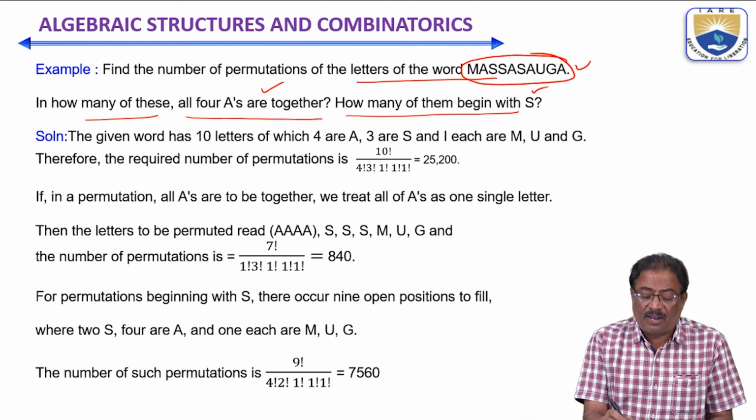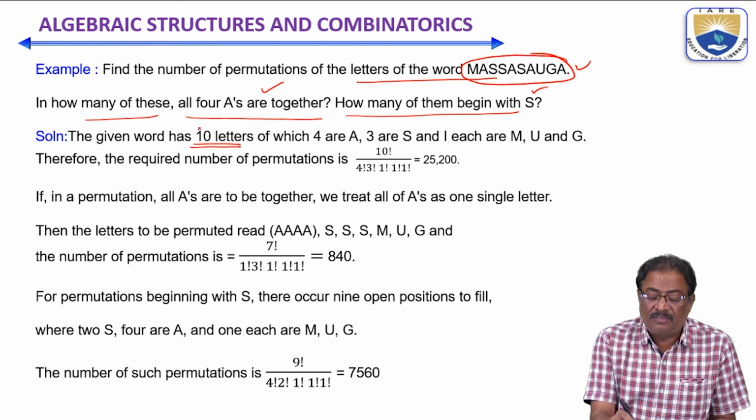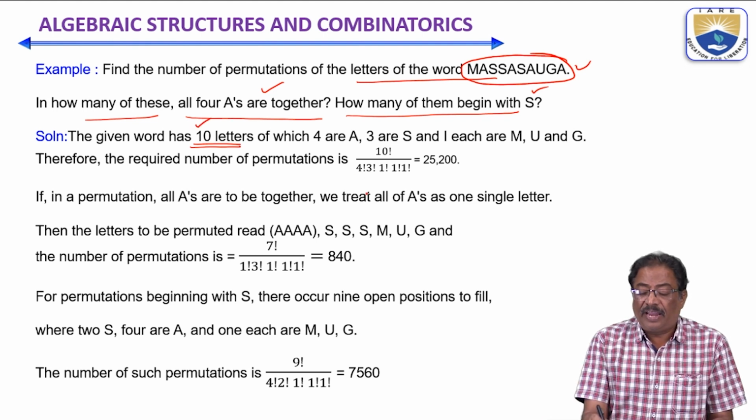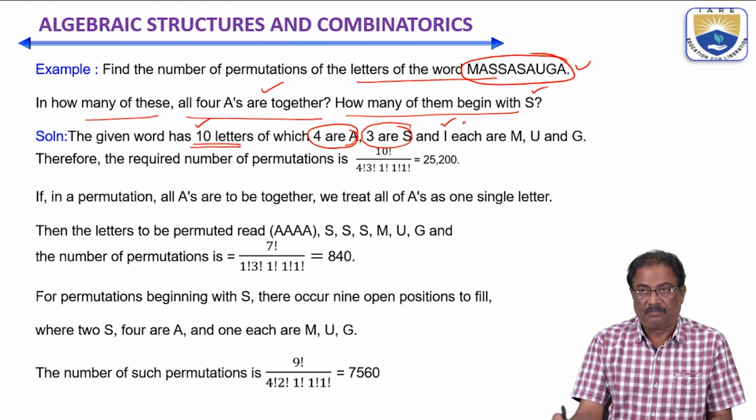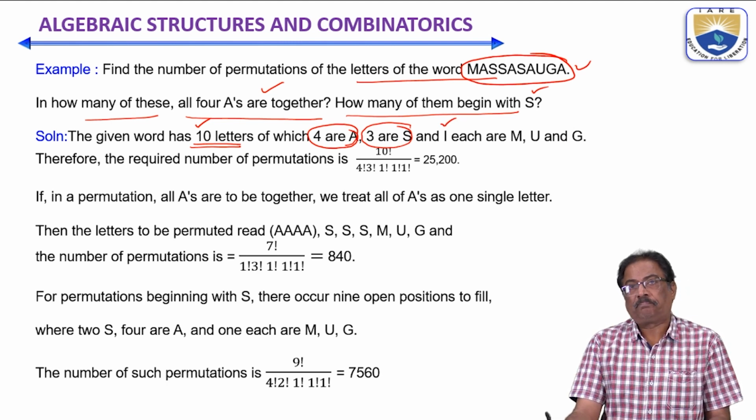So first, find the number of permutations. Here there are 10 letters, in which A is 4 times, S is 3 times, and M, U, G are 1 time each.